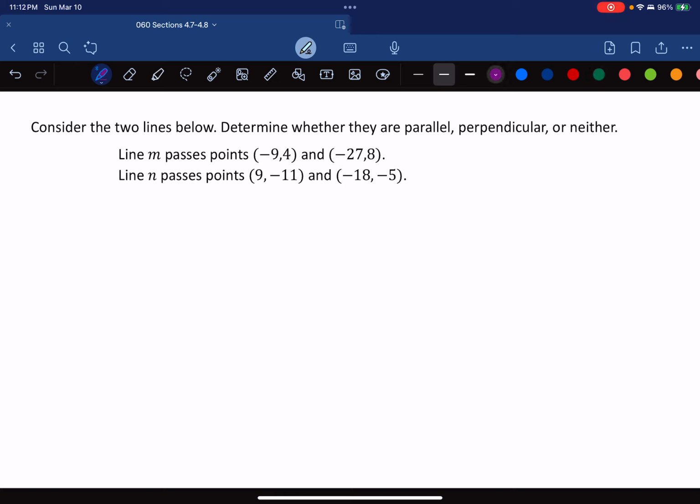So once again, to determine if they're parallel or perpendicular, we compare their slope. So we need to find the slope of line L as well as the slope of line N using our slope formula.